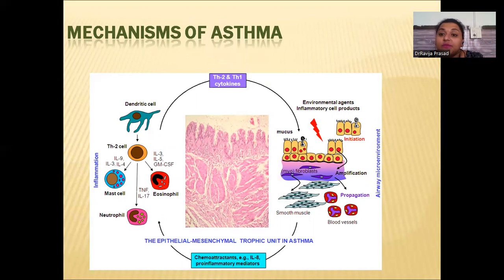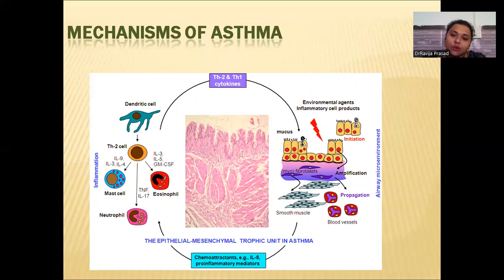Now, the environmental agent increases cell products consisting of mucus, fibroblasts, and amplification, which leads to the propagation of the smooth muscle, which leads to contraction, interleukins and pro-inflammatory mediators, which lead to the inflammation of the cells: mast cells, eosinophils, and neutrophils, in which ventricle cells are also being inflamed. So, in the mechanism of asthma, everything reacts together.